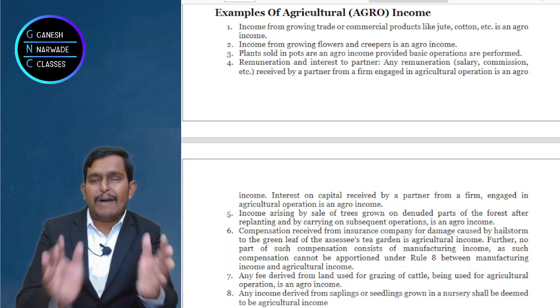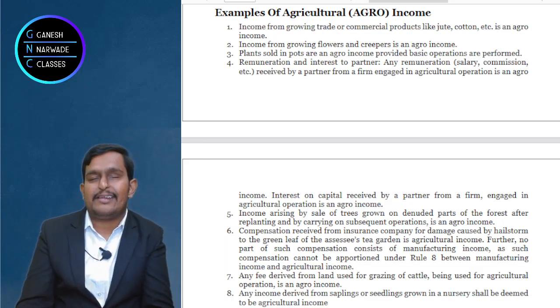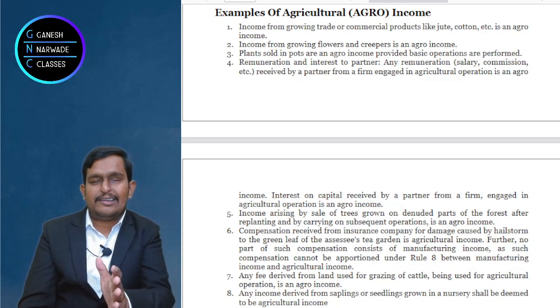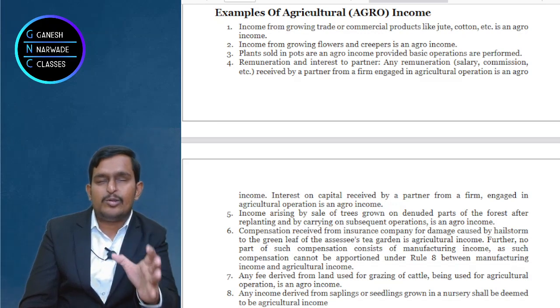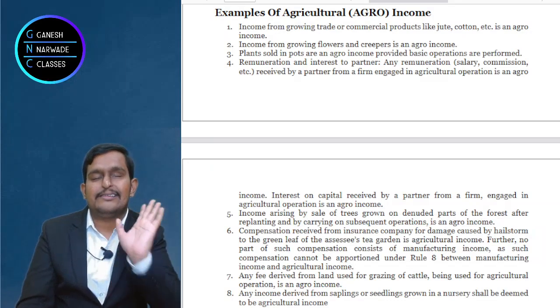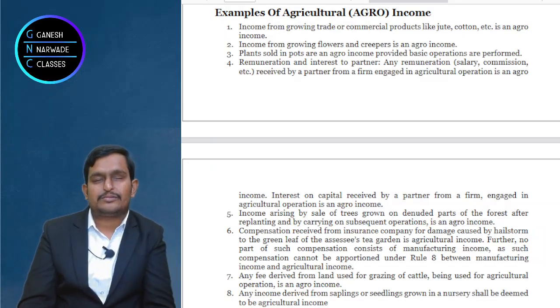Because partners and partnership are one and the same. They are not different. So if the firm is doing agricultural activity, it implies partners are doing agricultural activity. Firm's income is agricultural income, partners' income from that is agricultural income. That's how it should be understood.